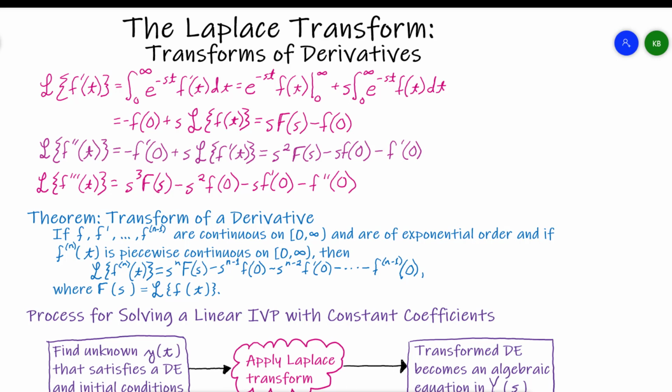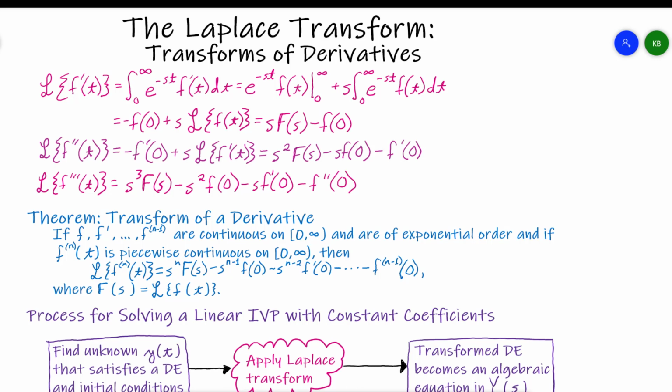Well, luckily I know what the Laplace transform of that first derivative of f is. And so I'm going to plug in s times capital F of s minus f of 0 for the Laplace transform of my first derivative of f. And when I do that, what I end up with is s squared times capital F of s minus s times lowercase f of 0 minus f prime of 0.